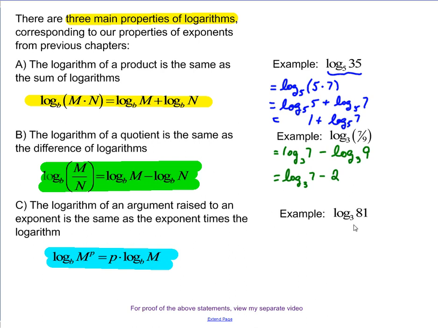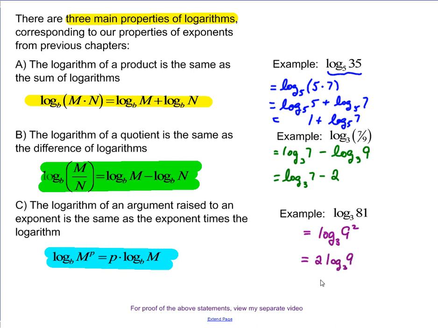So if I say logarithm base 3 of 81, in effect, I'm using this same rule again. I know that I could evaluate this by saying 81 is 9 squared. How does that help me? This is the same thing as saying 2 times the logarithm base 3 of 9.